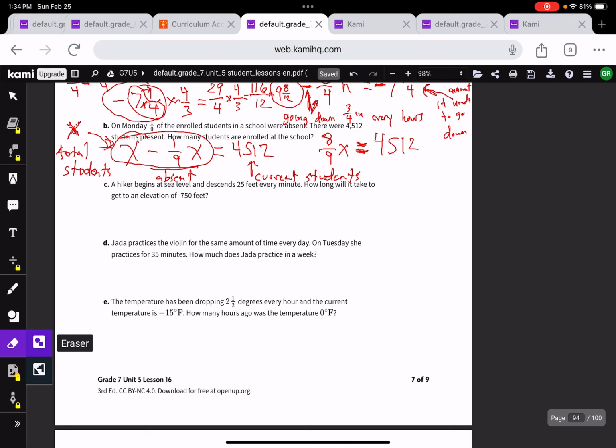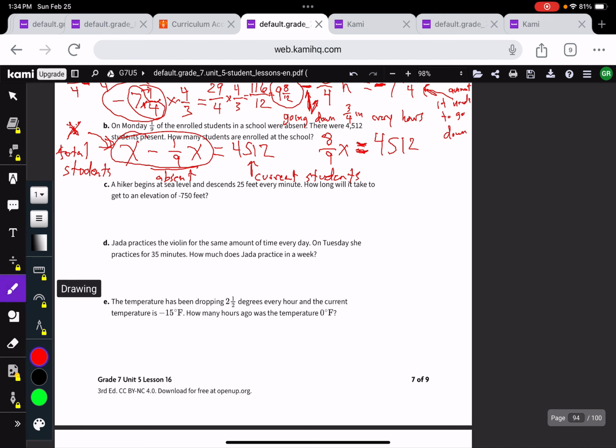8/9 times something gives me 4,512. Well, in order to solve that, I can take 4,512 and divide it by 8/9. If I divide by 8/9, I have to do keep, change, flip, which is essentially multiplying by the inverse.